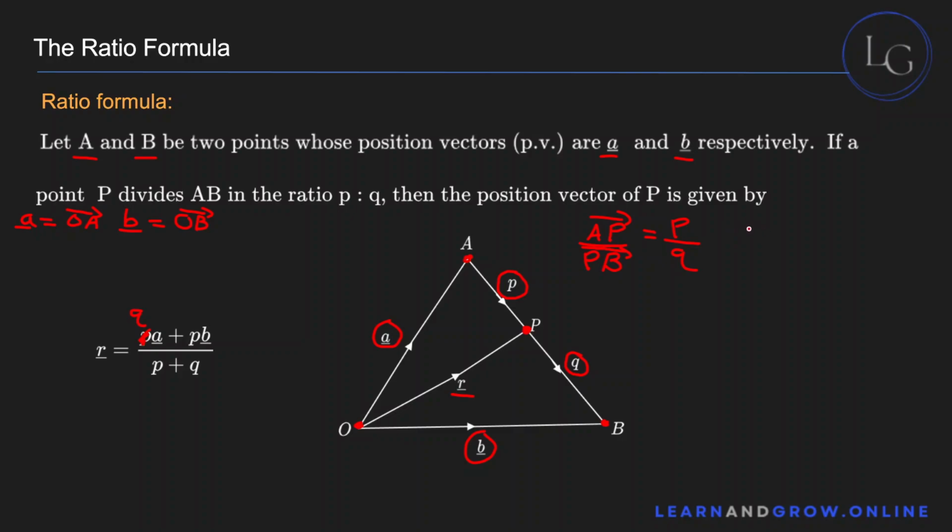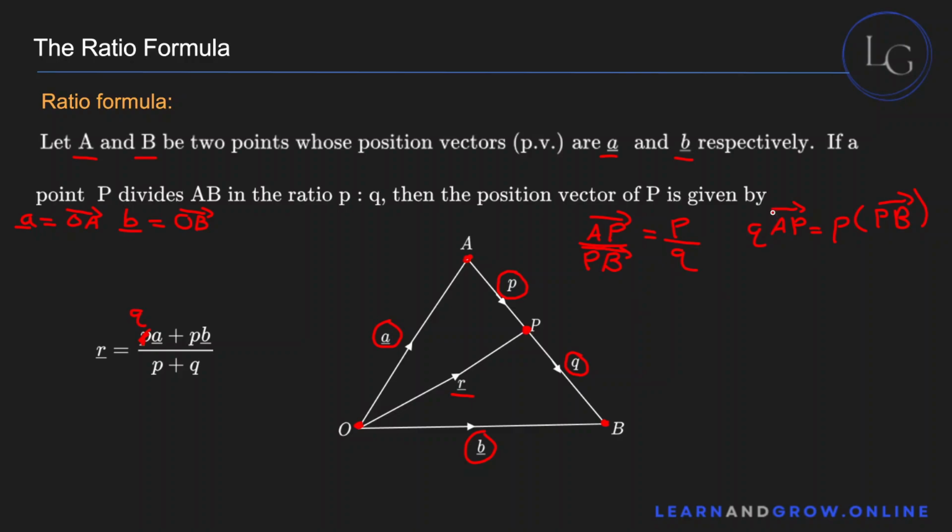So basically that just means that q AP is equal to p PB. Now, here's the thing.